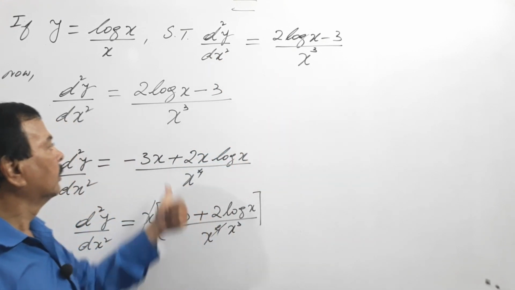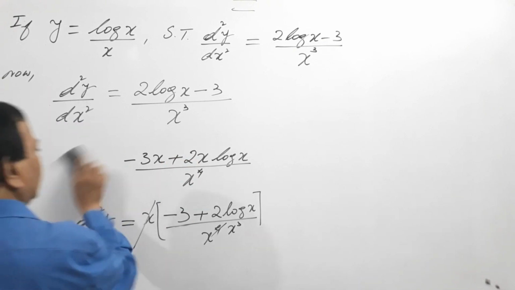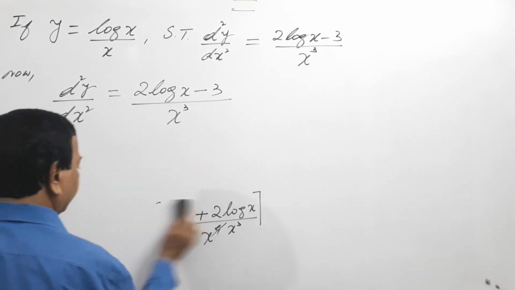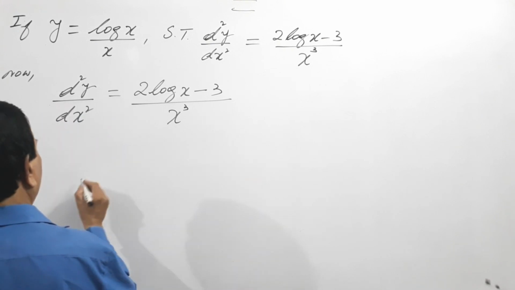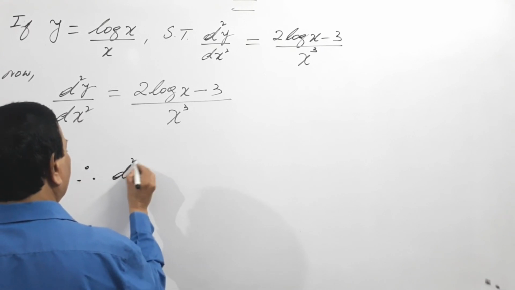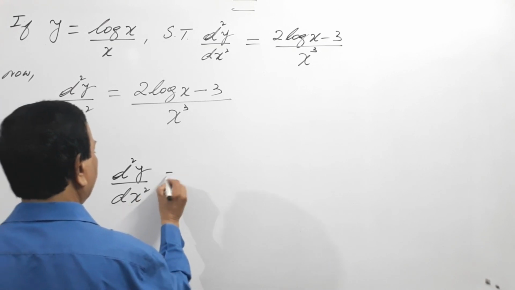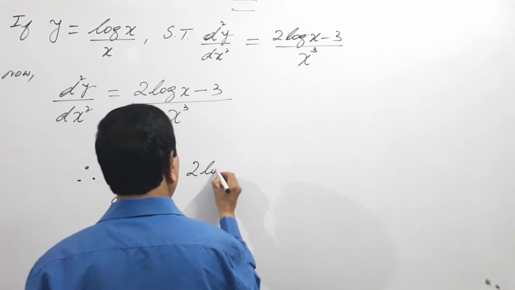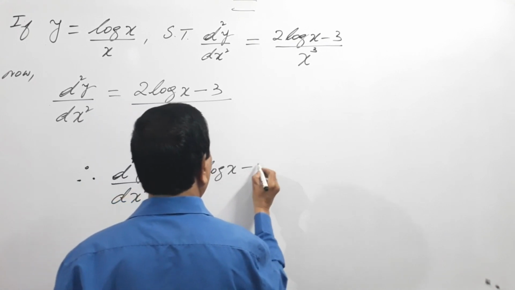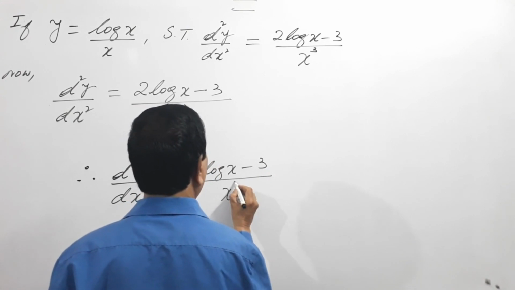We have got it. Therefore, d square y by dx square equals (2 log x minus 3) divided by x to the power of 3.